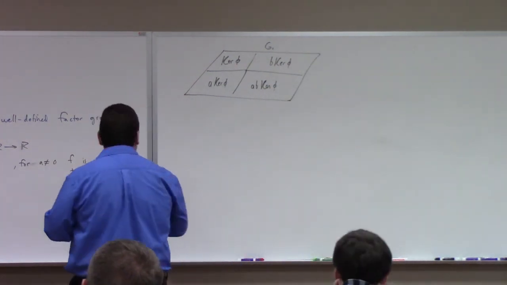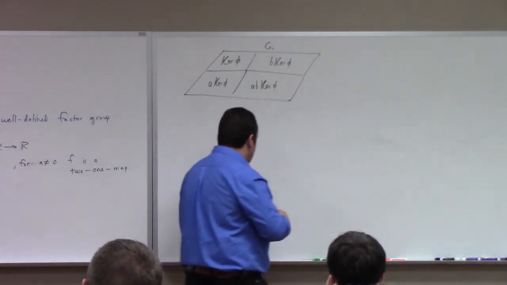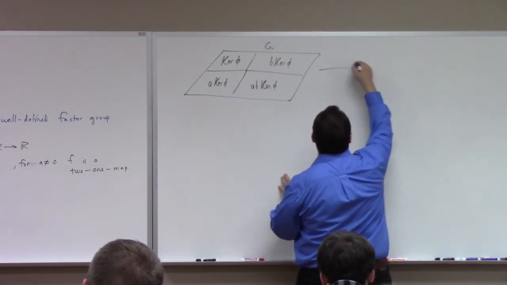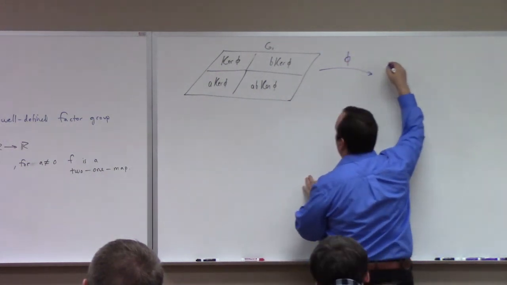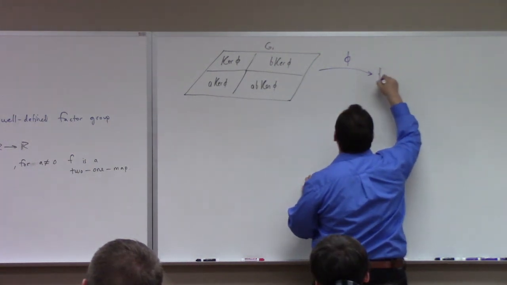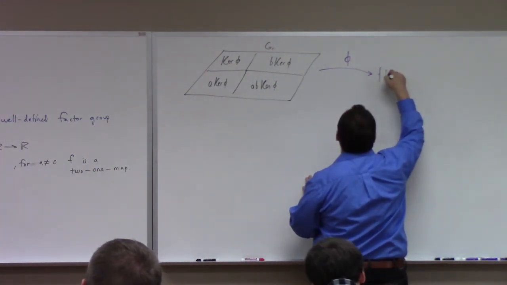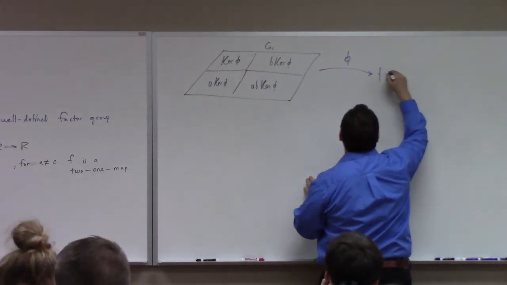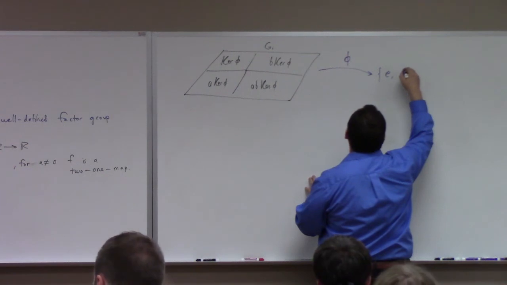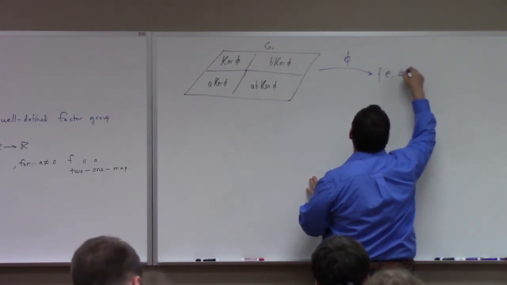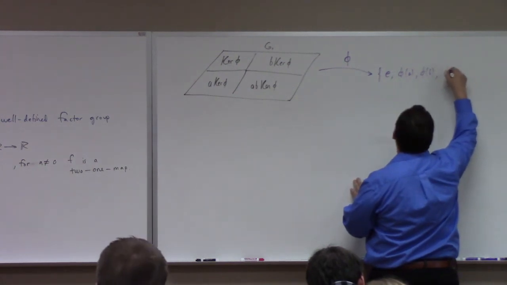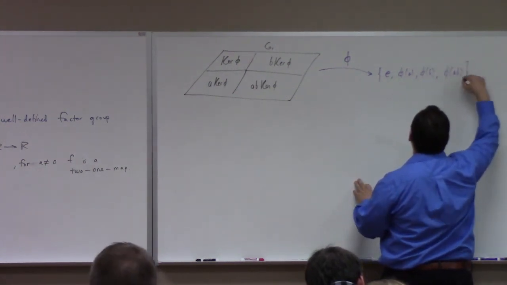And the thing is, if that's the case, then if you want to draw a picture, the homomorphism phi just maps to this little thing with the kernel of phi. So it maps to, let's say, E, phi of A, phi of B, and phi of AB, whatever that is, that's it.